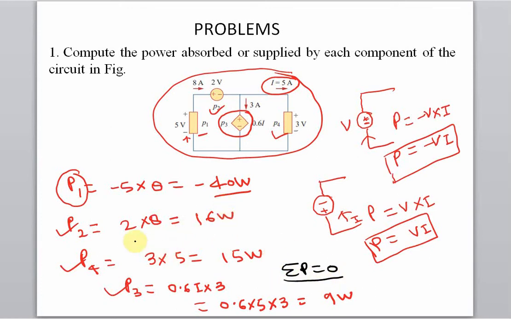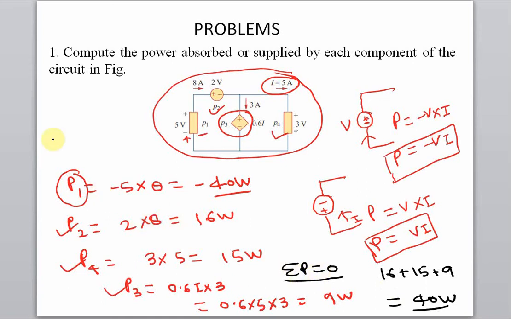If we add P2 plus P4 and P3, then it will be equal to 16 plus 15 plus 9 watt, it will equal 40 watt.